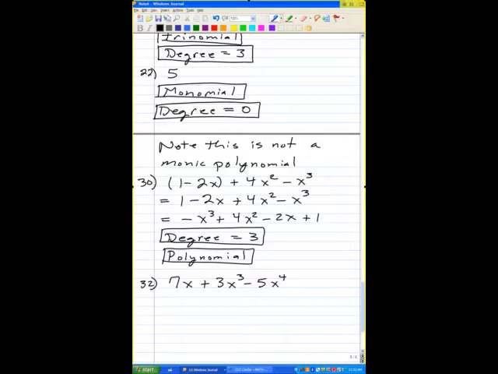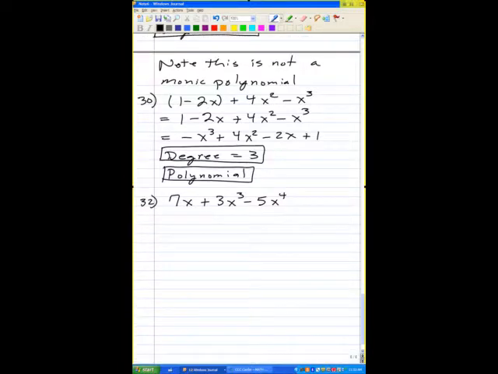So first, I want to evaluate when x equals 2. So let's do that. So let's substitute for x, 2. So wherever I see an x in the expression, I'll replace x by 2.